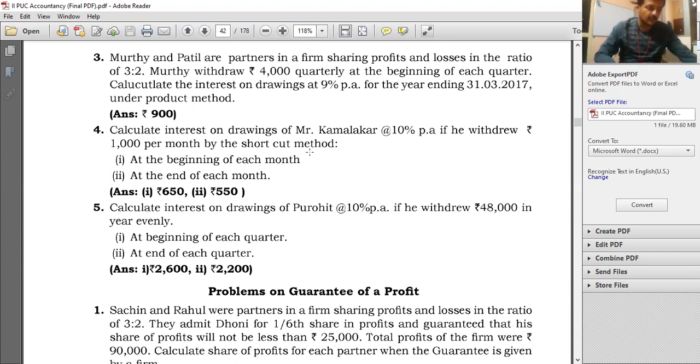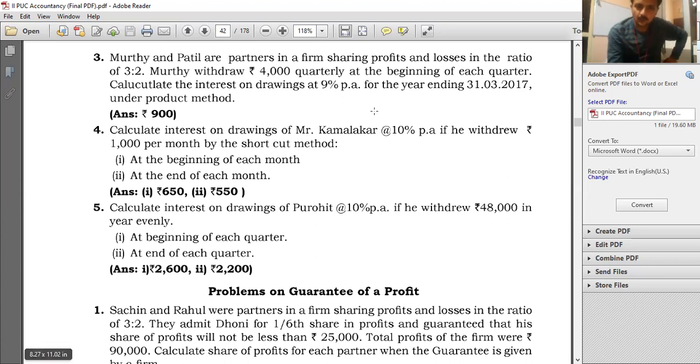So first you need to take 12,000 into 10/100 into, as it is the beginning of the month, 6.5/12. We just discussed this in the theory part. When it is at the end of each month, it will be 5.5/12. So then it becomes 650 and 550.